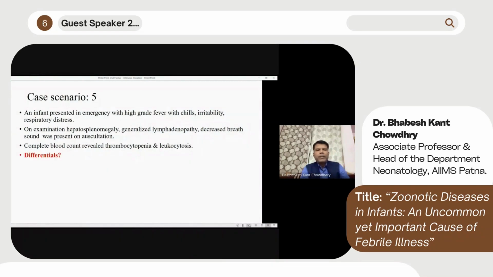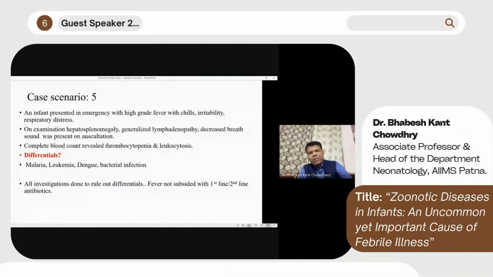Differentials were that the baby may be suffering from malaria, leukemia, dengue, or bacterial infection. So all investigations were sent to rule these out, and supportive management along with antibiotics was started. But the fever did not subside even with first-line and second-line antibiotics. Next slide, please.